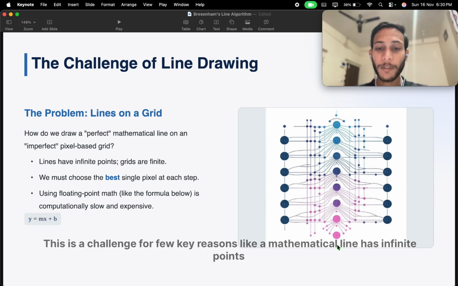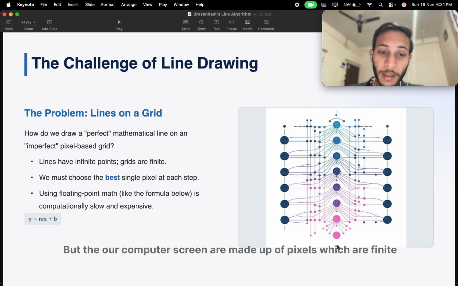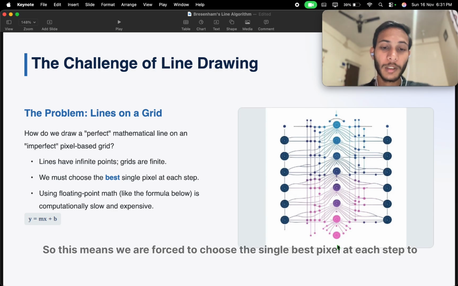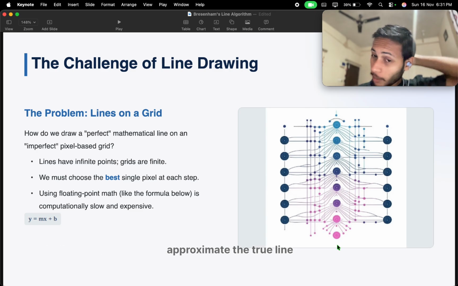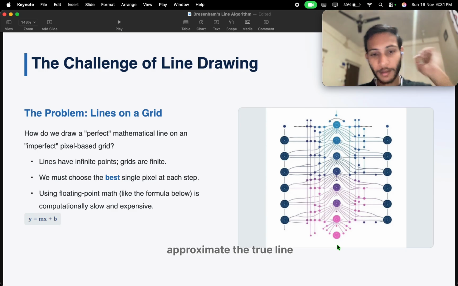This is a challenge for a few key reasons. A mathematical line has infinite points, but our computer screens are made up of pixels, which are finite. This means we are forced to choose the single best pixel at each step to approximate the true line.